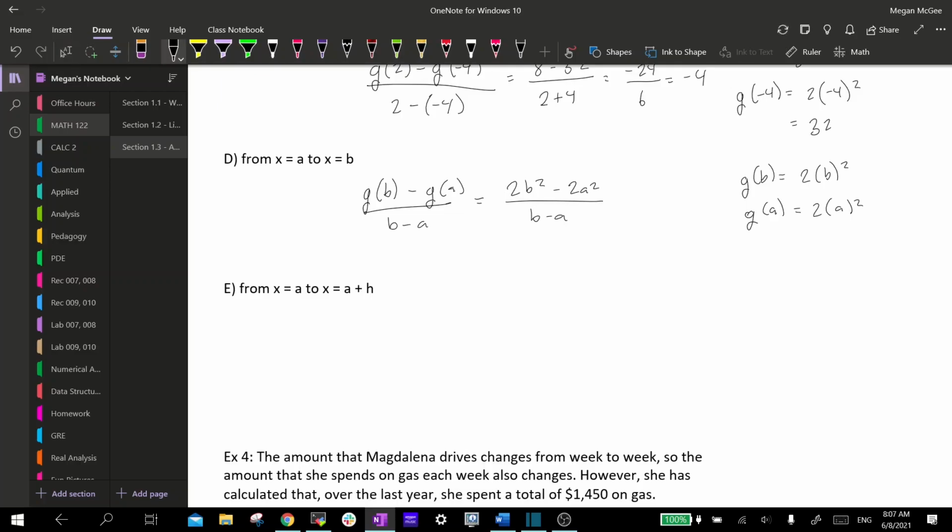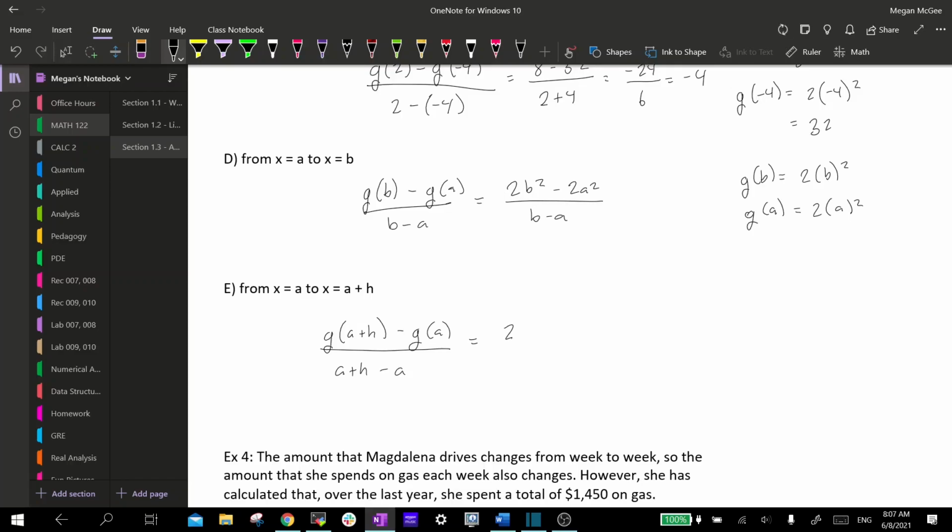So then we have from x is equal to a to x is equal to a plus h. So we need g of a plus h minus g of a over a plus h minus a. Alright, so g of a plus h, I'm just going to do it in line over here.